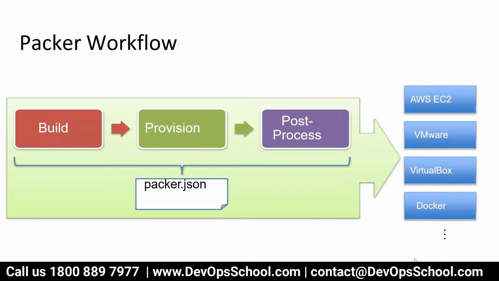And a post-processor is something like, after the creation of the build, what you want to do with that image. You want to copy it somewhere, upload it somewhere, then that comes under post-processor.